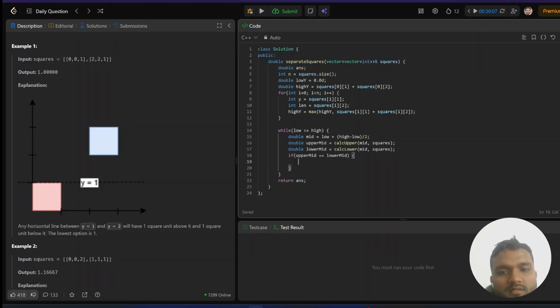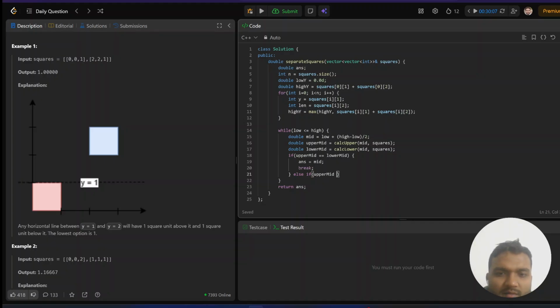This can be our answer. That means answer will be y, I mean mid. But still, answer can go to the more minimum side, but we can think about that later. Just break it.